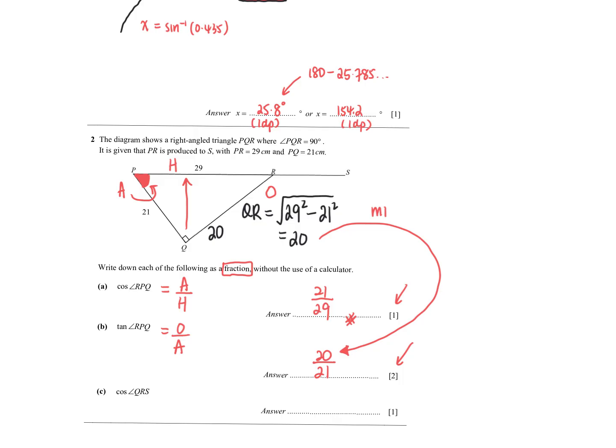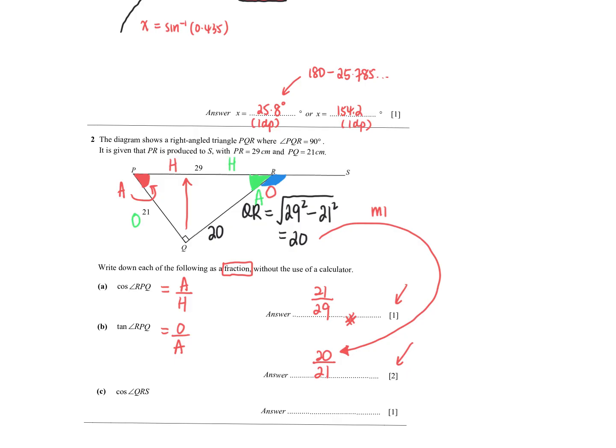Okay, last one, QRS is the obtuse angle. Obtuse angle, remember, always look at the acute beside it. So I'm focusing on this acute. So I label my hypotenuse, adjacent, and opposite, the new one.